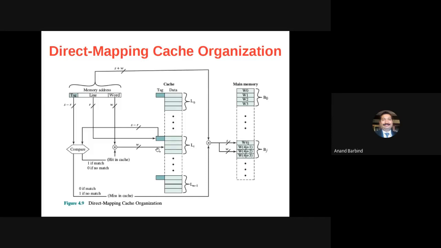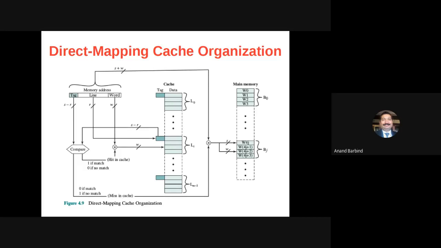So if the tag of the block stored at the line and the tag of the required block match, then the block is present in the cache, and the word is read from the cache directly. But if it does not match, then there is a miss in the cache.